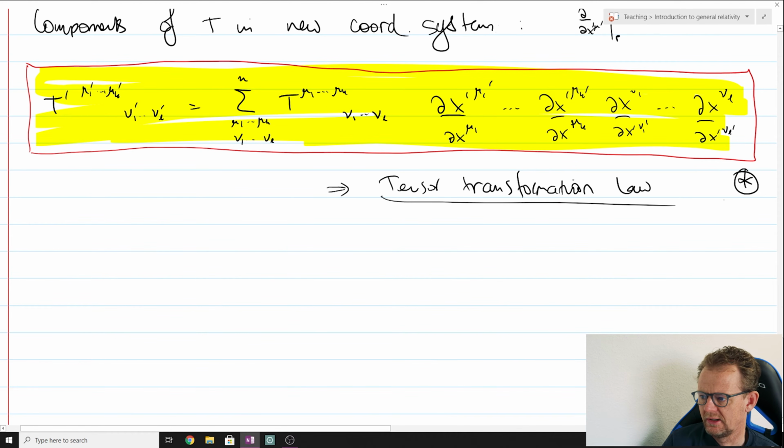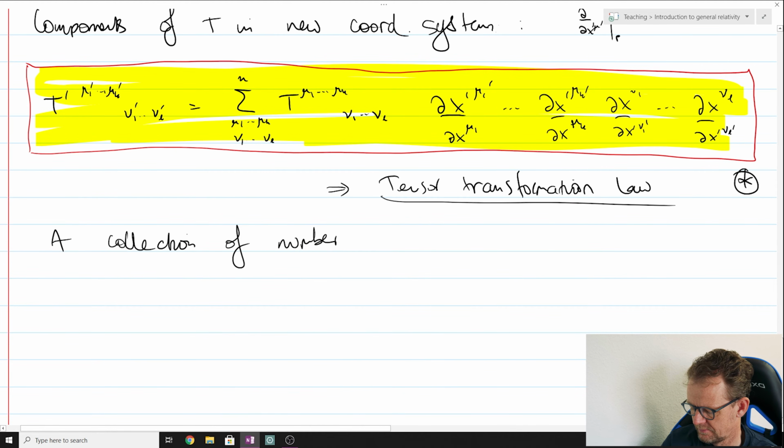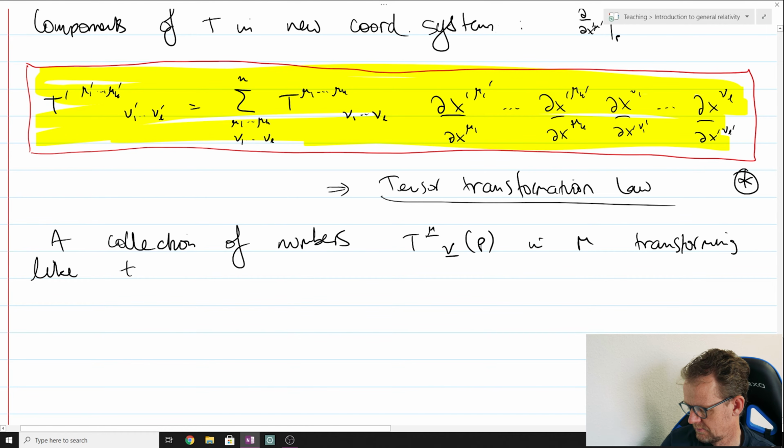We're going to call a collection of numbers T mu underline nu underline, depending on position p in a manifold, that transform like star, what is classically referred to as a tensor, what I'll call a tensor field.